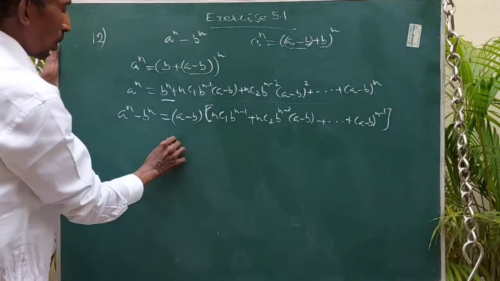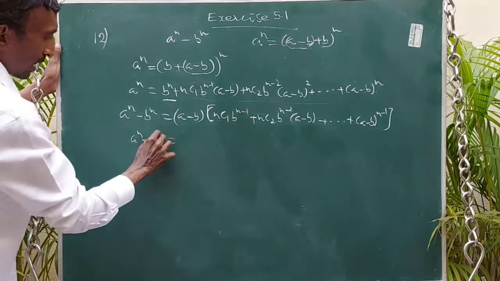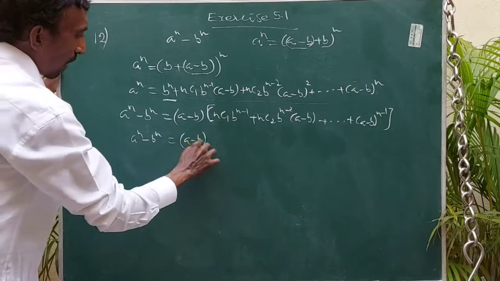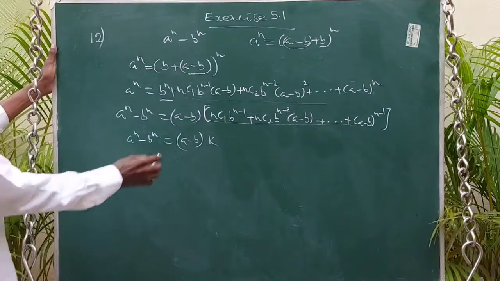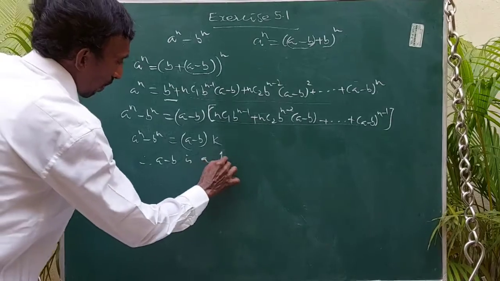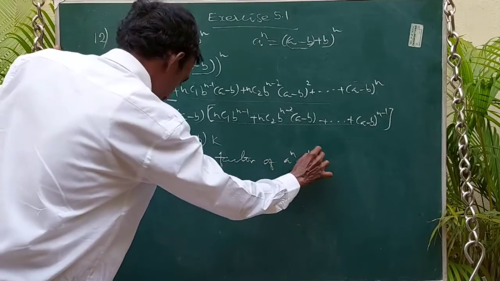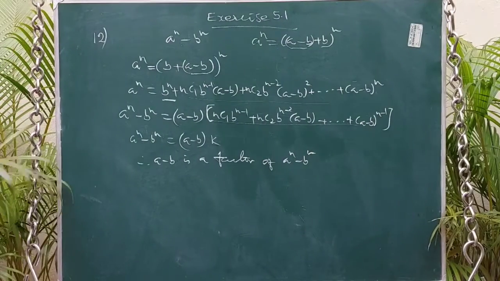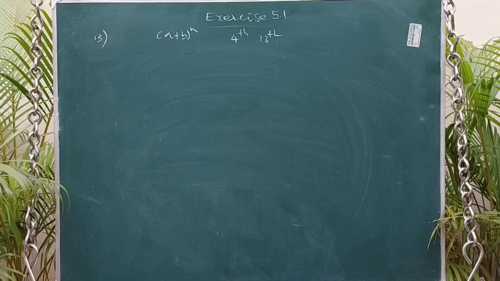So a power n minus b power n is a multiple of a minus b. We can consider this as some k. Therefore a minus b is a factor of a power n minus b power n. So this is the proof of question number 12.